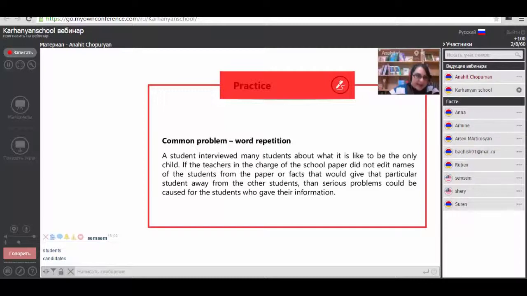Candidates, yes, sometimes it can be a candidate interviewed. In two sentences you can repeat the word at least twice, but not more, okay? Candidates, peers, counterparts, great. So you see that if you search in your brain, you can find a lot of synonyms, yes?